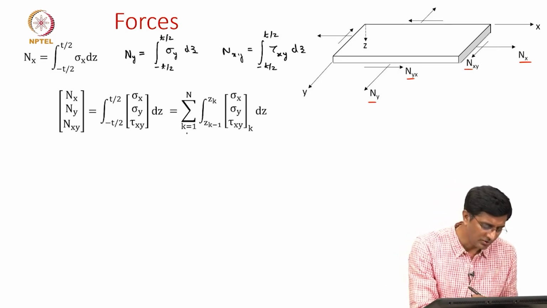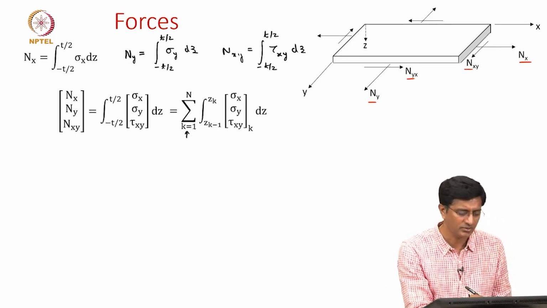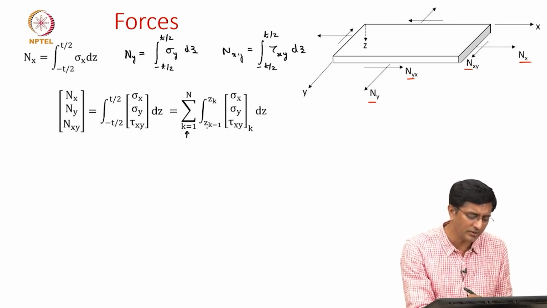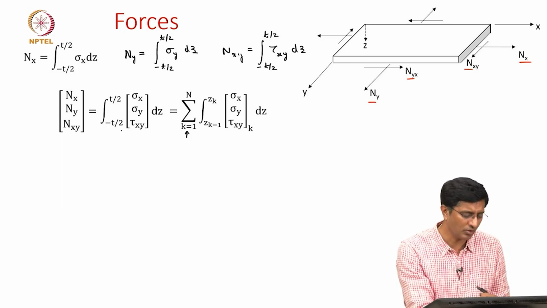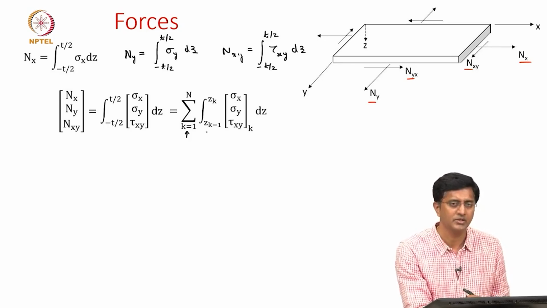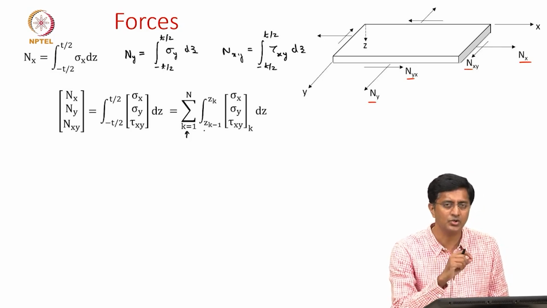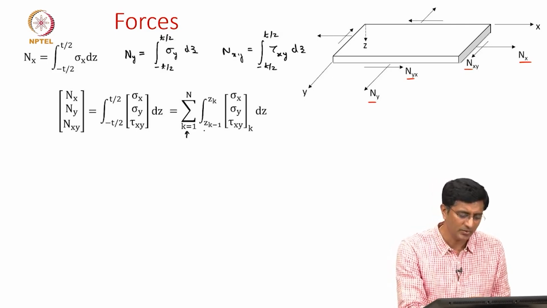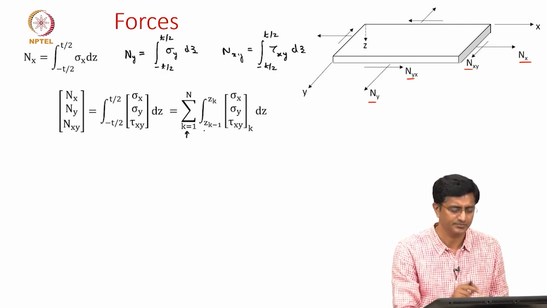So this summation should take care of the number of layers going from 1 to n, and in each layer we again apply this integral, but this time instead of writing in terms of T by 2, we'll write it in terms of z, because as we have just shown, for each layer the top will be zk minus 1 and the bottom of the same layer will be zk.